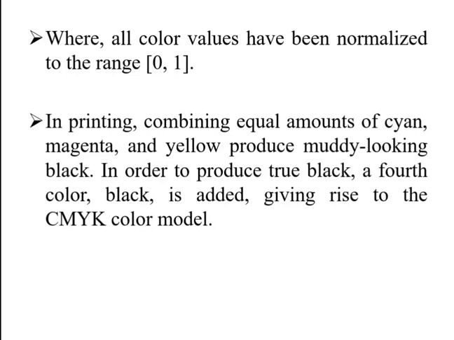The equation demonstrates that light reflected from a surface coated with pure cyan does not contain red, that is, C is equal to 1 minus R in the equation. Similarly, pure magenta does not reflect green and pure yellow does not reflect blue.